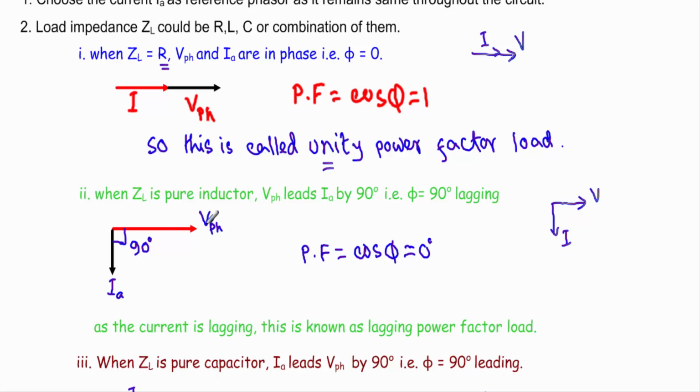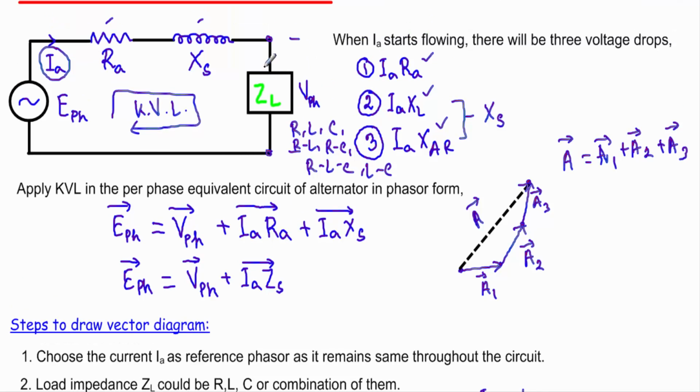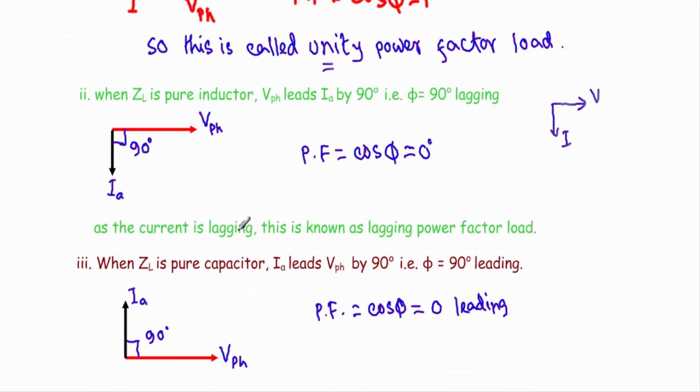If VPH goes in this direction, I will get the VPH due to the current flow IA through this load impedance. Therefore our IA will be 90 degree lagging from this VPH. And see, as the current is lagging here, our cos phi will be equal to 0, and this type of load is known as lagging power factor load.